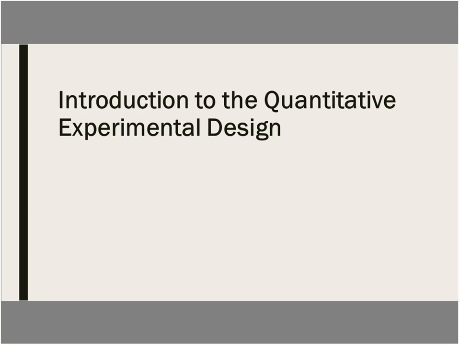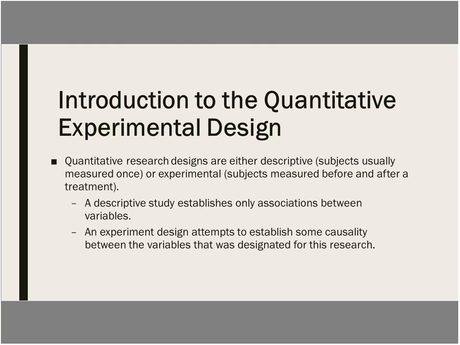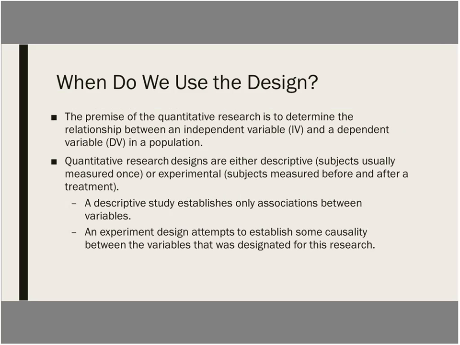So, introduction to the quantitative experimental design. When do we use this type of design? Well, the premise of quantitative research is we always have an independent variable and a dependent variable, or many independent variables and one dependent variable, depending upon the type of design that you're looking at.